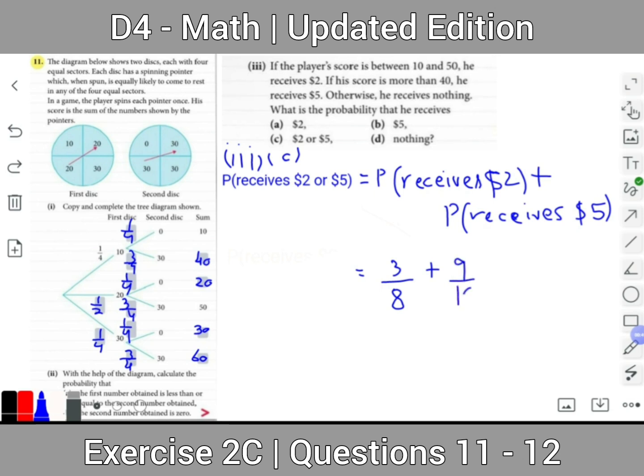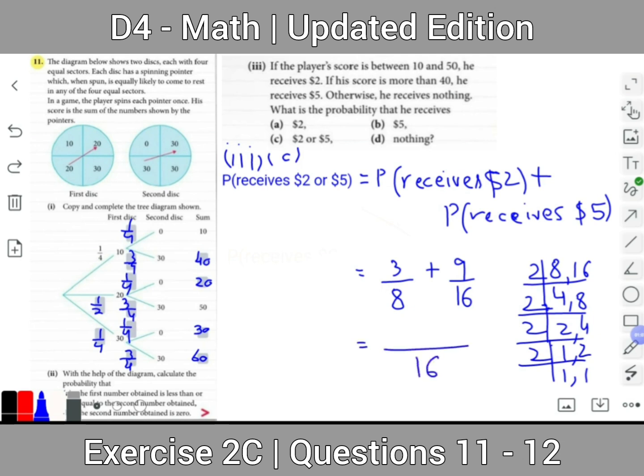Now we're taking the LCM of 8 and 16, so here we have 2 fours are 8 and 2 eights are 16, and 2 twos are 4 and 2 fours are 8, and again 2 ones are 2 and 2 twos are 4, and here we have 2 ones are 2. So now after multiplying all these factors we will get 16.